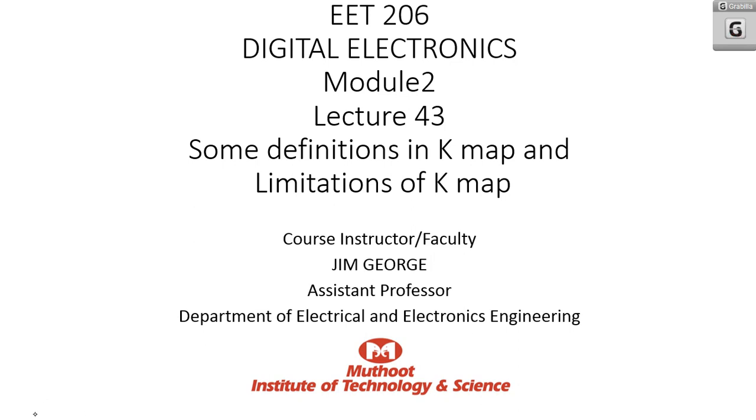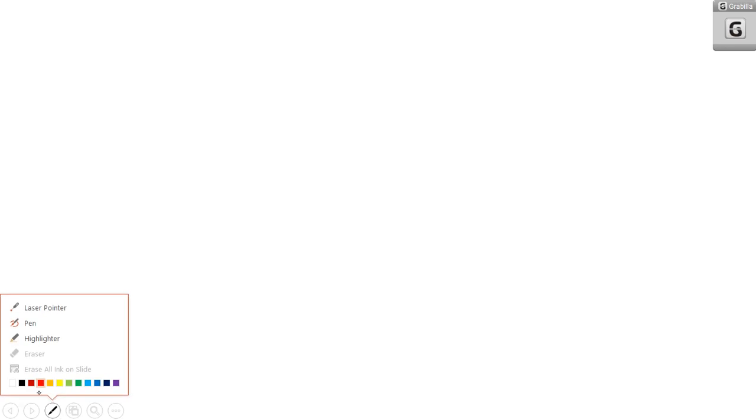Okay. So the basic definitions we are going to study, before going to the first one, let me give a general classification of it. So generally it is classified into SOP forms and POS forms.